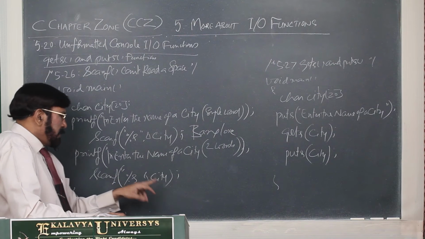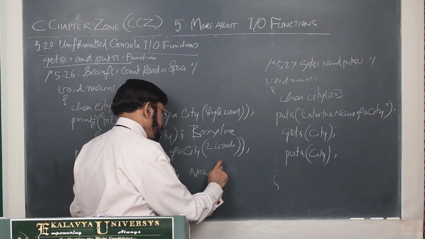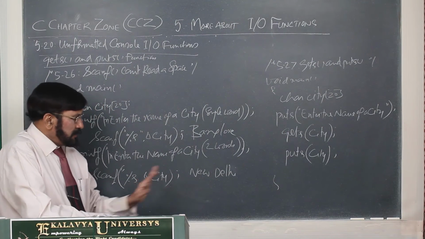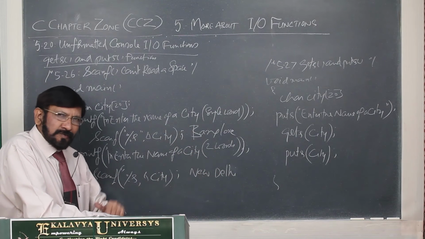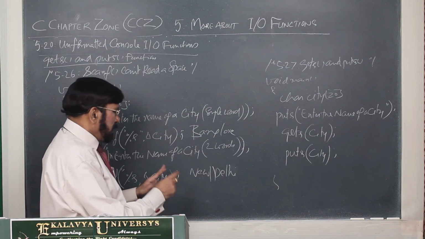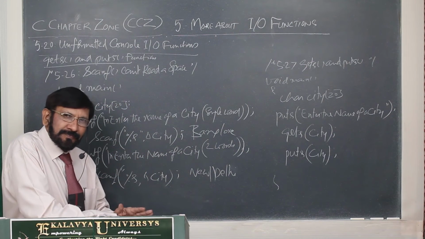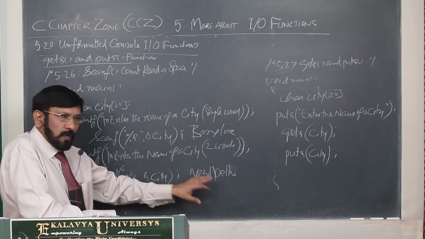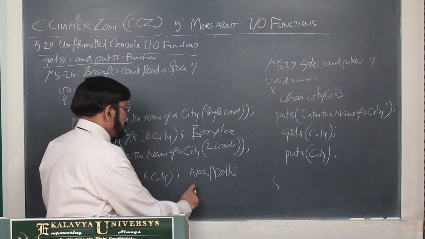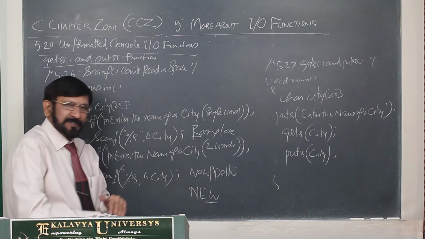And now for the second thing, I am typing New Delhi. When you are typing, it is allowed, but as soon as you press the space bar, the reading of scanf is terminated. As a result, only New is stored in city. That's why the output is New only, no Delhi. That is the limitation.